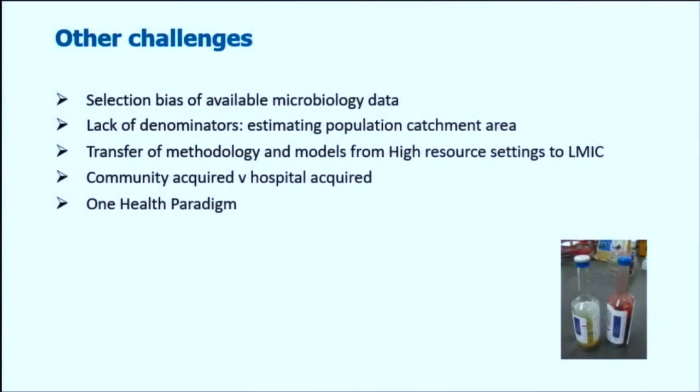There's a lot of other challenges I don't have time to go through, including the selection bias of the data that's available, the fact we don't know the denominators at all. The modelling that we're doing often starts off on North American data. Does it apply just to transport that to India or to Kenya? It's possible that AMR in the community is actually quite different and needs a different model to hospital-acquired AMR.